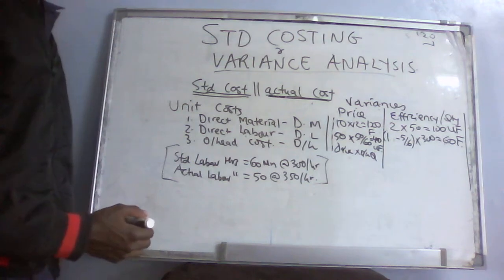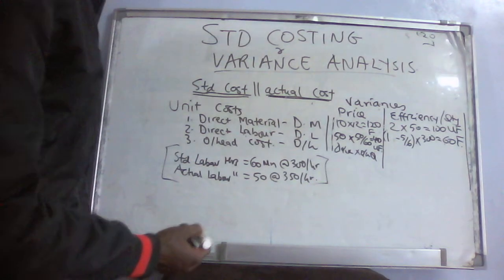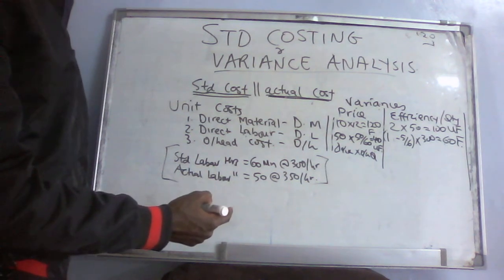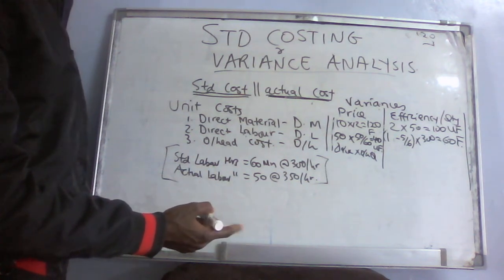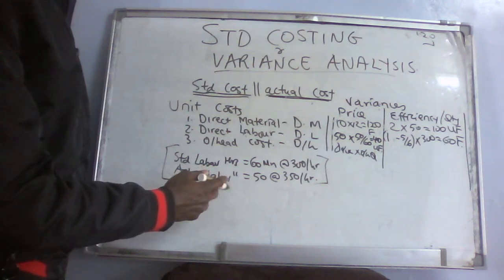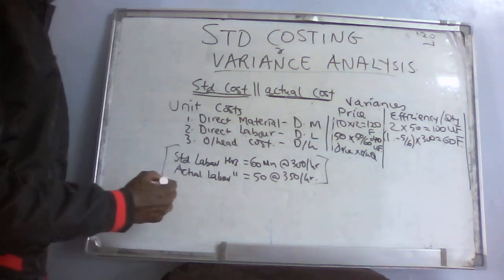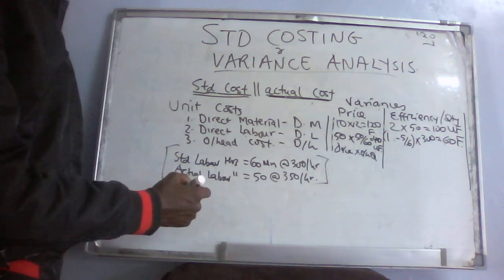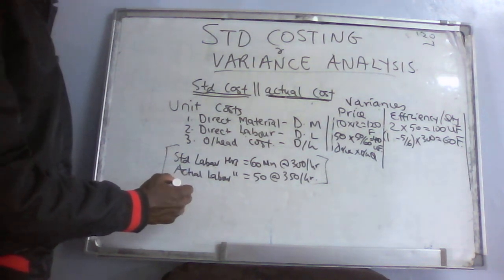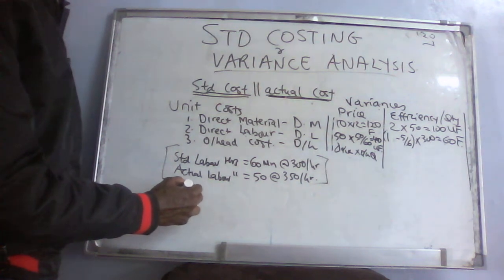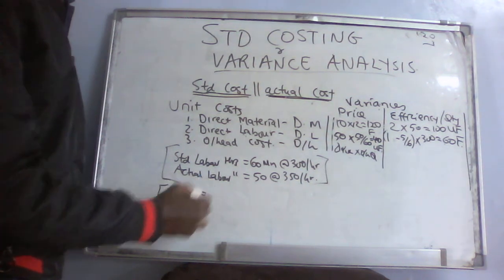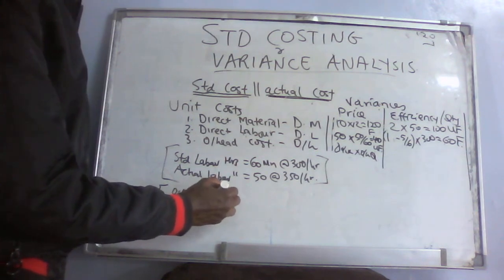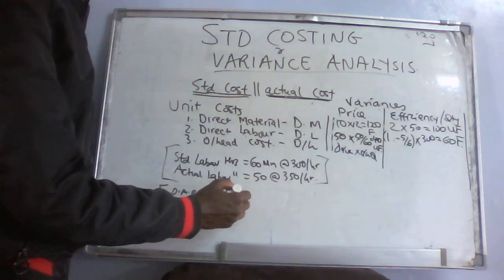Now when you come here, first we need to find the overhead absorption rate. It will be given to us that maybe labor is absorbed at an overhead absorption rate of, let me say, 60 shillings per hour.